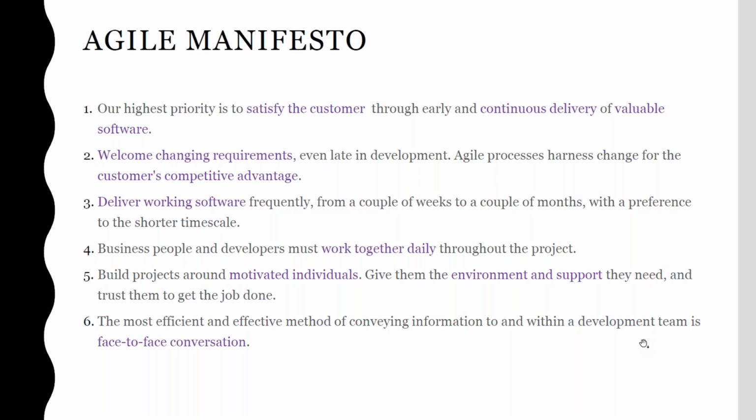Suppose one of the team members from the Scrum team is not comfortable and is unable to move forward in his work. As a Scrum Master, what I have to do is motivate him. If he's not understanding, if he's stuck somewhere, I have to motivate him and give him suggestions on how to move forward, how to work, and where he was stuck, so that he can confidently work on it and move forward.